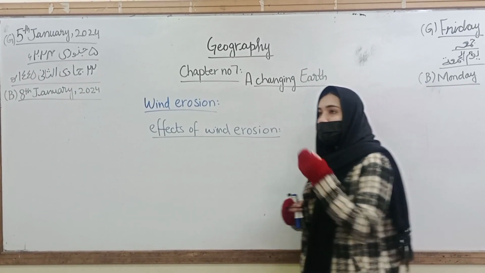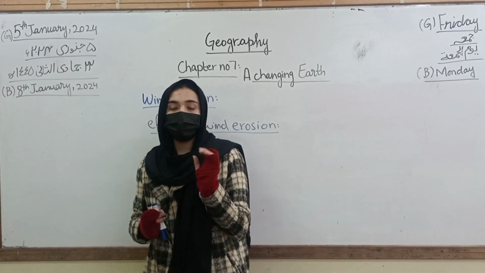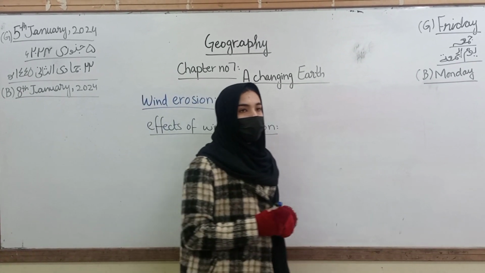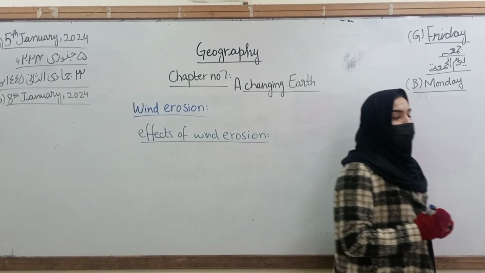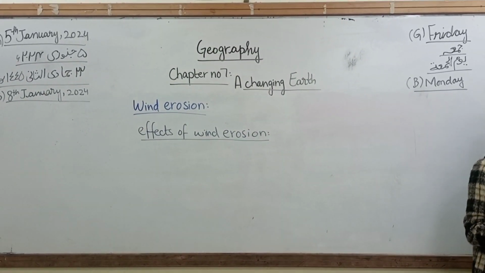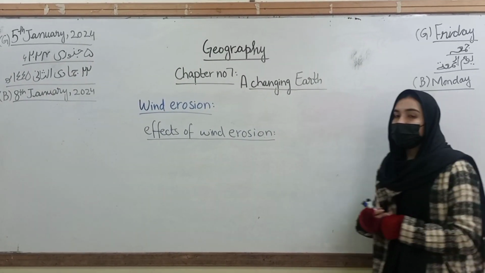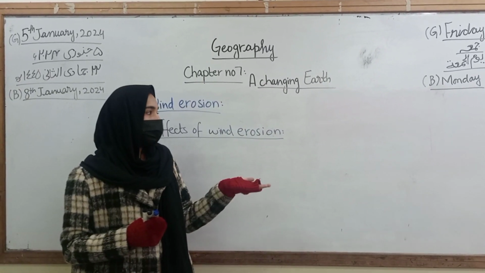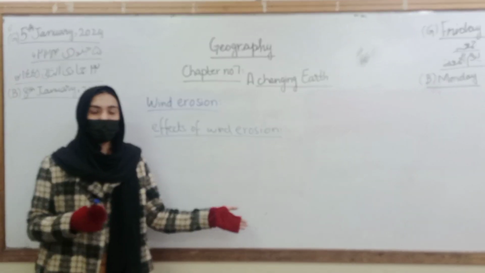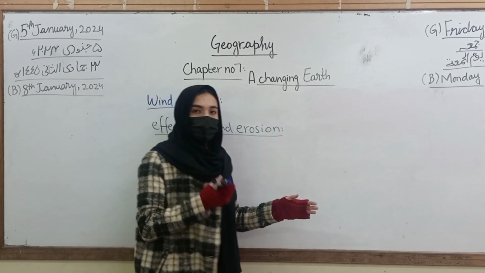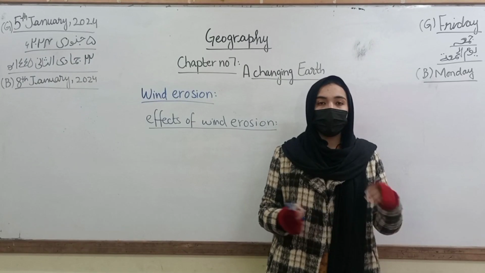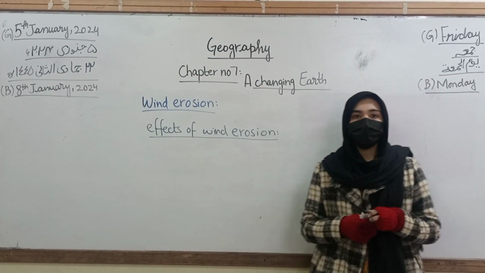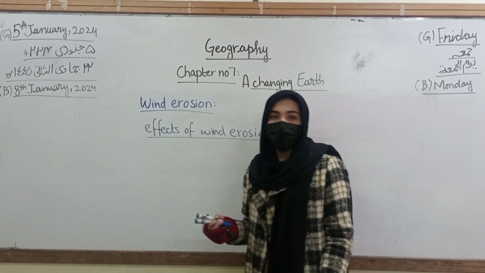How does it damage the soil where the eroded soil particles are deposited? Can you think of it? Yes, good. Because where the rock particles are deposited, they stop the air from reaching the soil. Yes, it damages the soil and smothers crops.